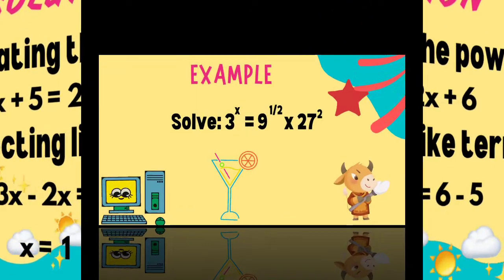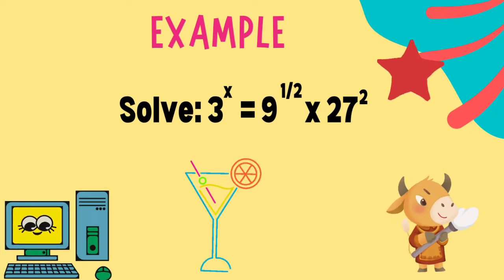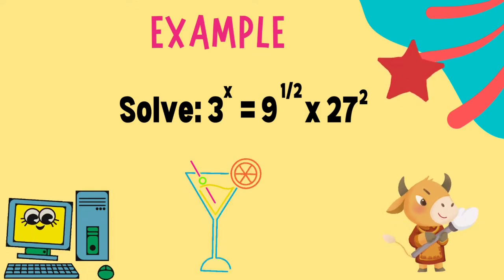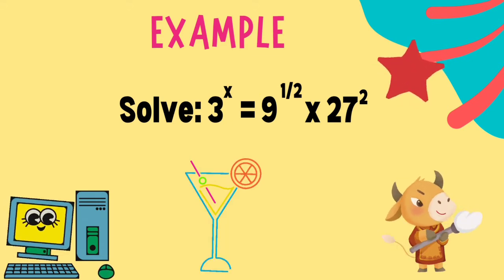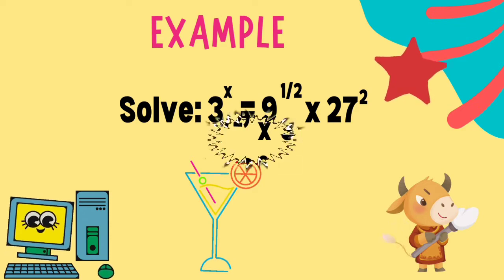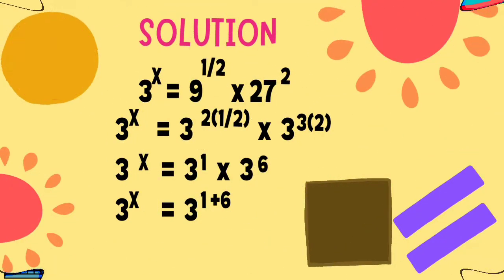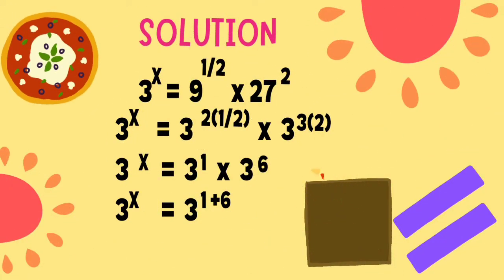Let's take another question. And so you are to solve the equation 3 raised to power x equal to 9 raised to power half times 27 raised to power 2. The first thing you do is to make the bases to be the same.